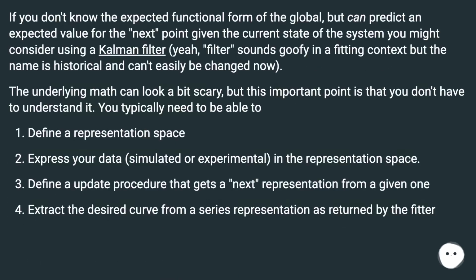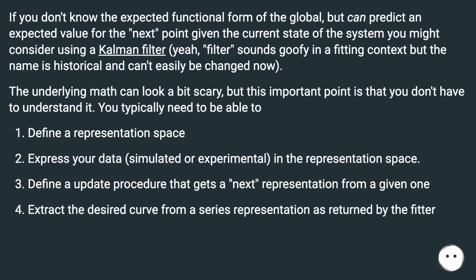If you don't know the expected functional form of the global, but can predict an expected value for that next point given the current state of the system, you might consider using a Kalman filter. Yeah, filter sounds goofy in a fitting context, but the name is historical and can't easily be changed now. The underlying math can look a bit scary, but the important point is that you don't have to understand it. You typically need to be able to define a representation space.